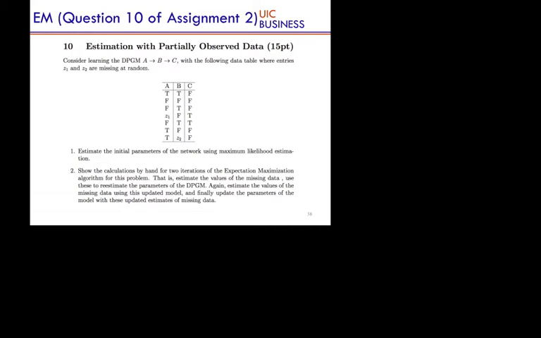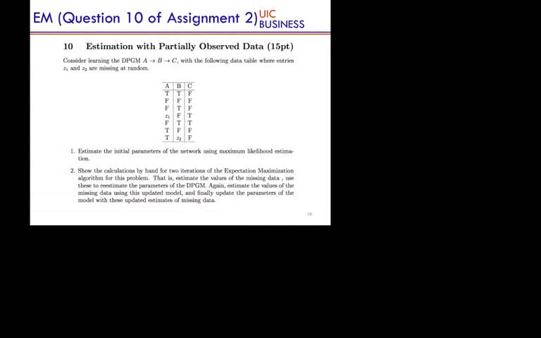So true, true. So there were 2 entries. Let's do count and normalize because I mean you can do MLE, but you will get the same answer. So these are the 2 entries which correspond to these numbers, and these are the 3 entries which correspond to these numbers, estimates. So with A true, B true happens 1/2, and this is 1/2 remaining.